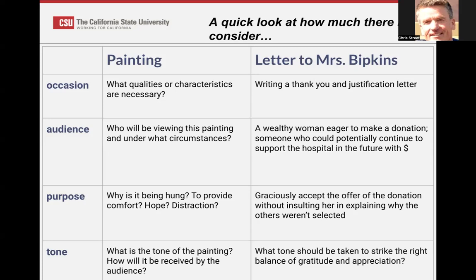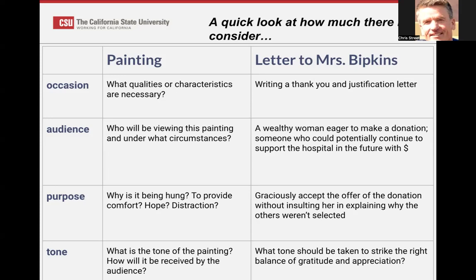So who's going to be viewing the painting and under what circumstances? The purpose, why is it being hung? Well, is it to provide comfort or hope or distraction? The tone, how is it going to be received by the audience? So we have a whole rhetorical situation on the left-hand side of this chart with the painting.